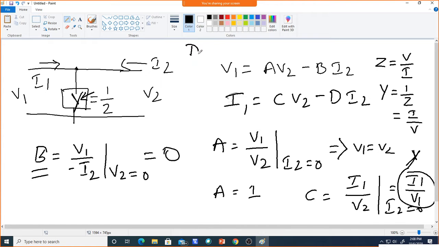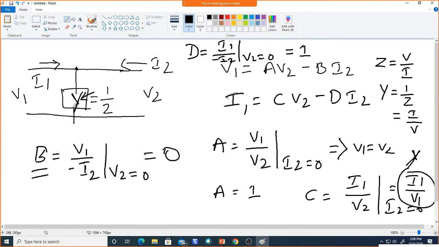Similarly, if you calculate D, what is D? D is I1 by minus I2 when V2 equal to 0. When you short circuit port 2, the same I1 will flow through the back side, so I1 equals minus I2, and this becomes equal to 1.